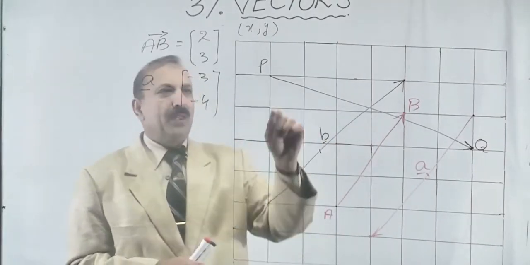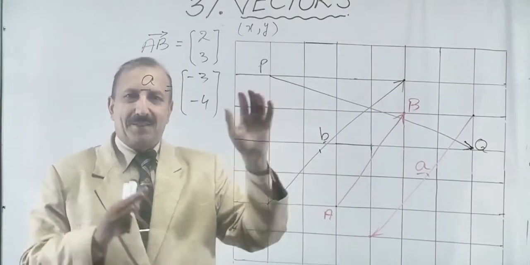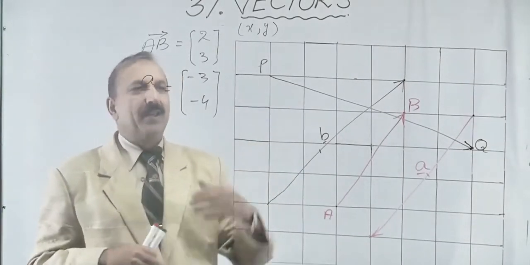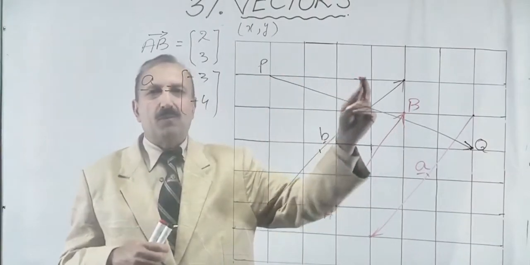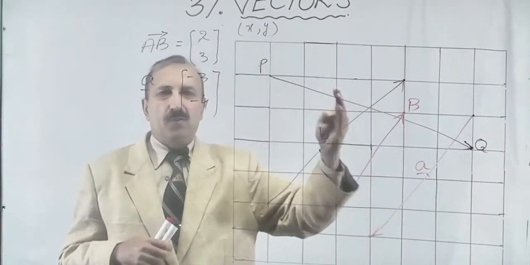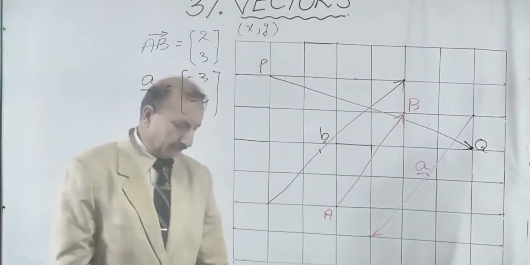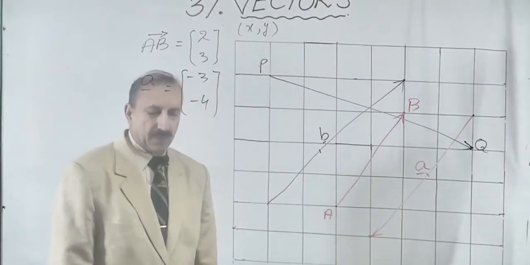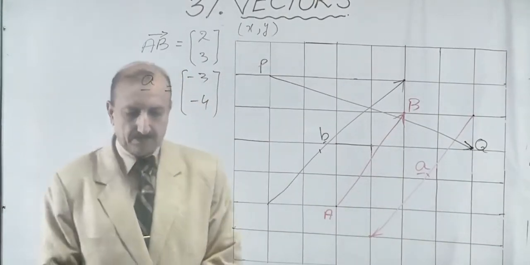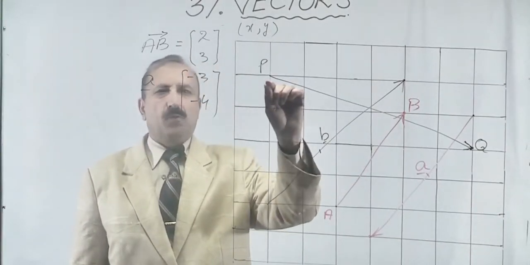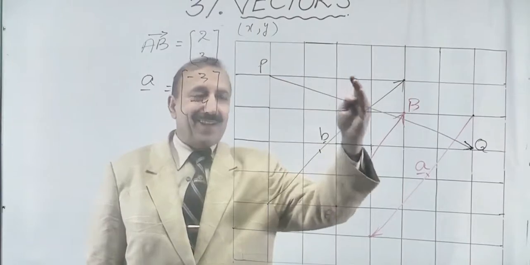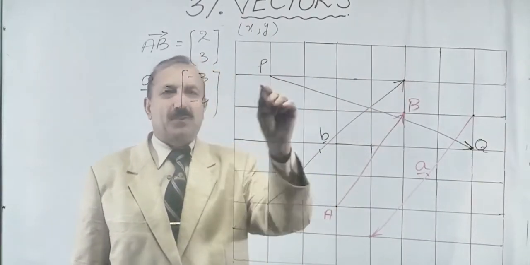As I told you, the starting point of a vector is considered to be the origin. Then according to this situation, we will count how many units we are moving towards left or right. It depends how many units we are supposed to move towards the right side or left side of this origin.